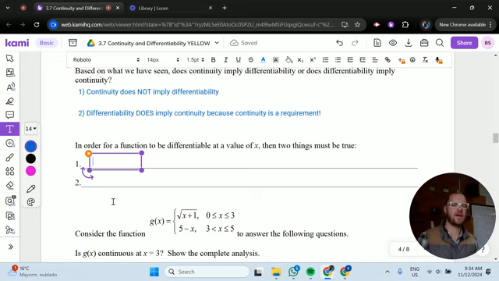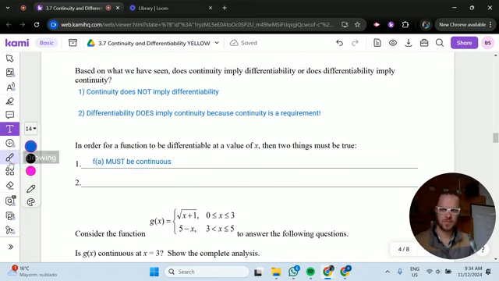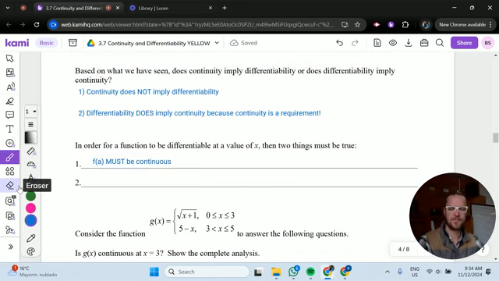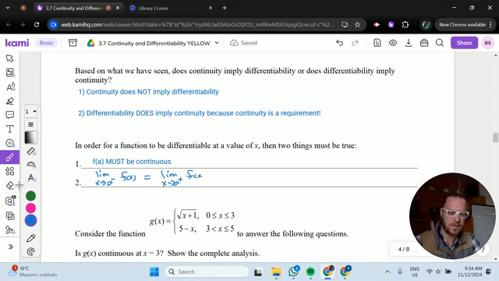Okay? Now, in order for it to be differentiable, f of a, whatever point we're checking, must be continuous. Has to be. And very similarly to our continuity, the limit as x approaches a from the left of f of x must equal the limit as x approaches a from the right of f of x, right?